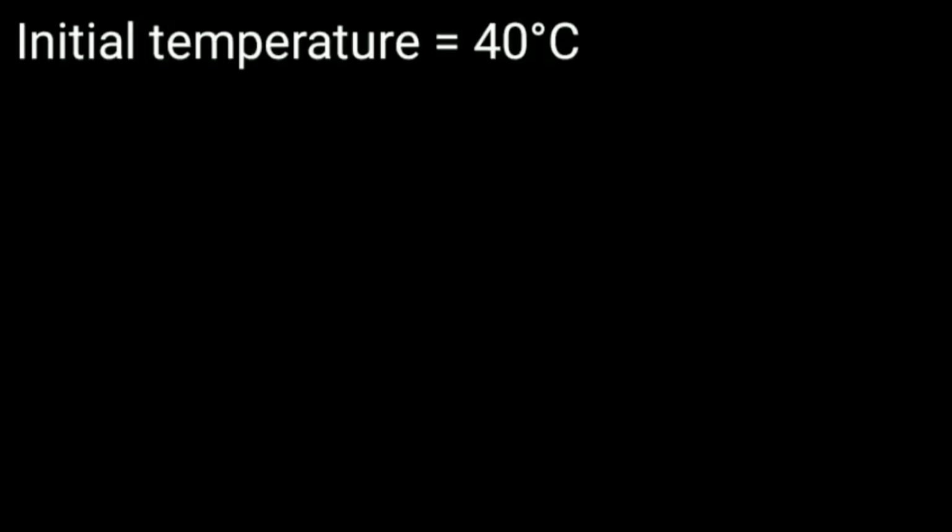First statement is initial temperature. It means the actual room temperature before beginning the freezing process. It is 40 degrees Celsius. Second statement is room temperature decreases at 5 degrees Celsius per hour. It means the rate of temperature decrease per every hour.